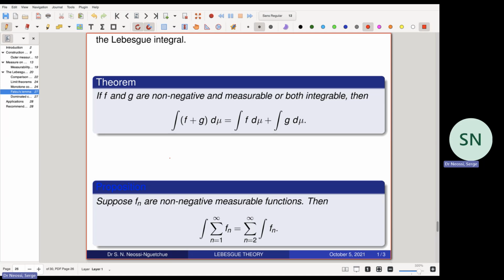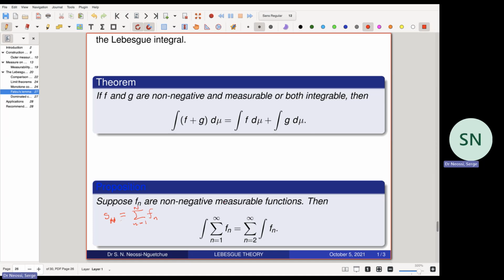We can denote by S sub N the partial sum of fn, n running from 1 to capital N.